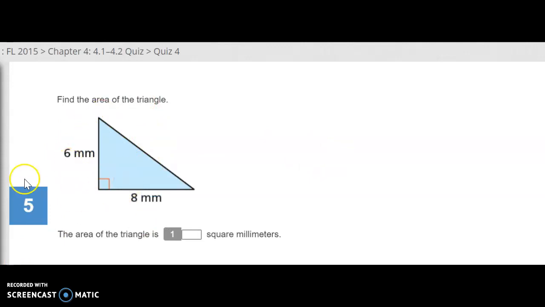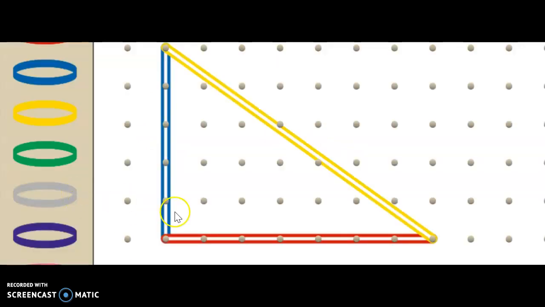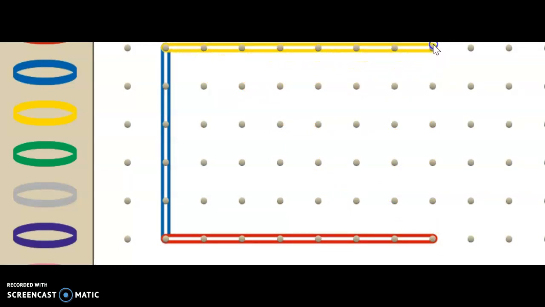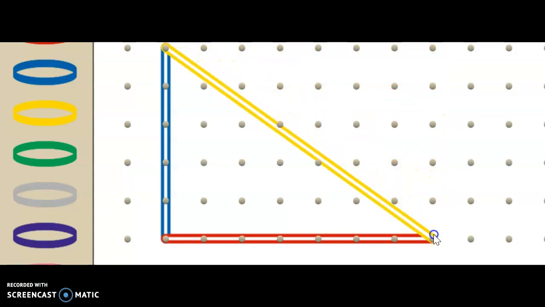We have 6 on one side and 8 on the other. Okay, so when we look at this, we're looking at 6 going up and 8 to the side. If we were to pull this yellow right here and make a square, we could take this whole portion and cut it in half. And that would give us our entire dimensions of a triangle.